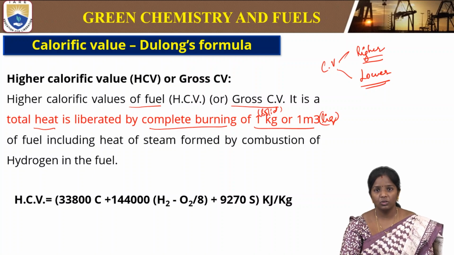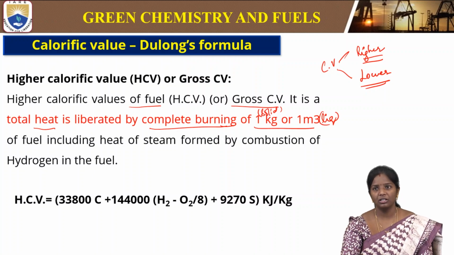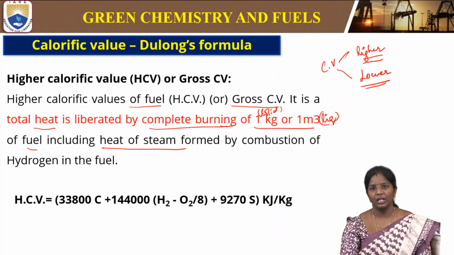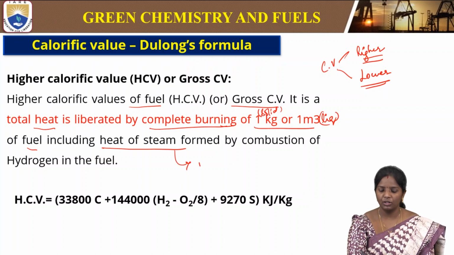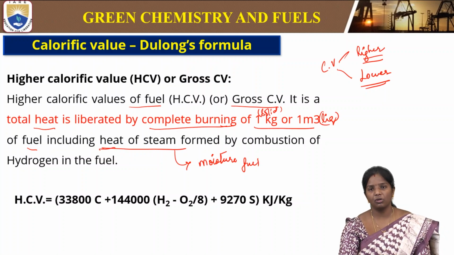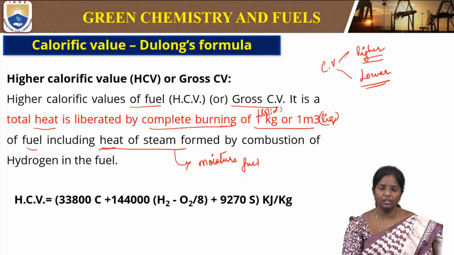It includes the heat of steam. How do we get the steam? Just because of moisture that is present in the fuel. If there is moisture, that gives out steam, so the heat of steam also contributes to this calorific value. Therefore, it is the higher calorific value or the gross calorific value.